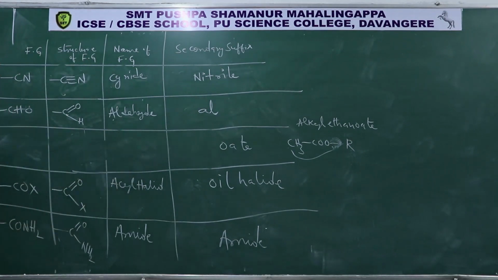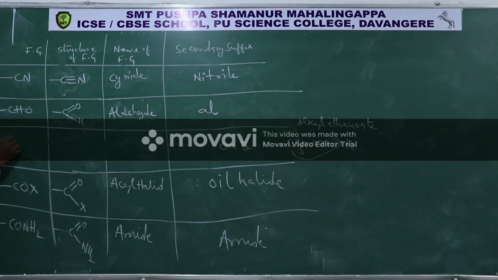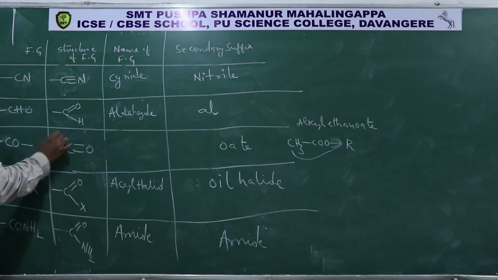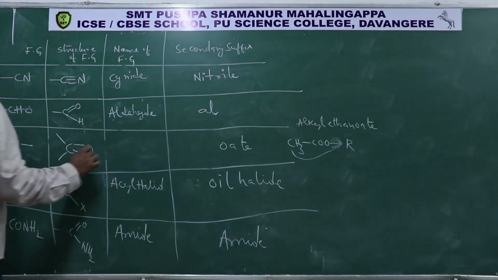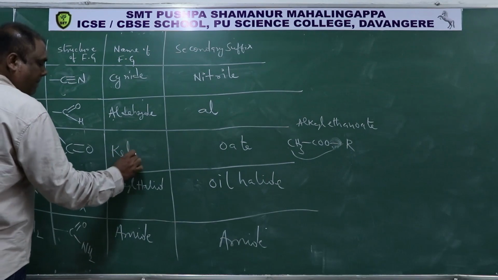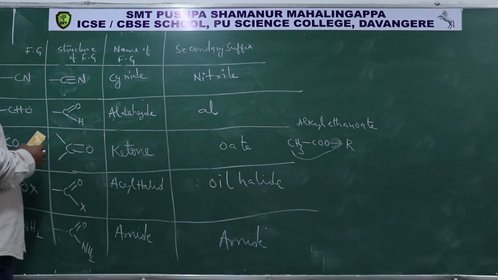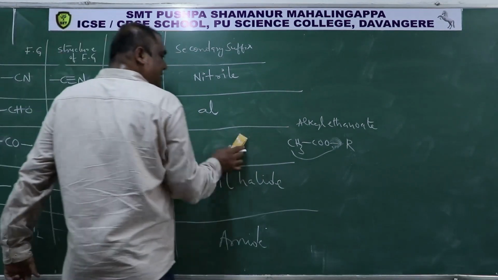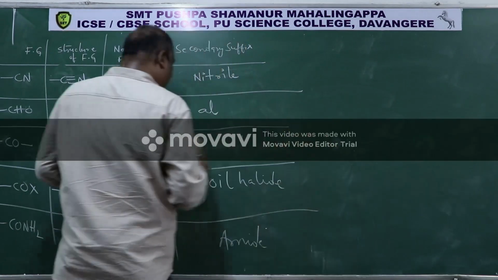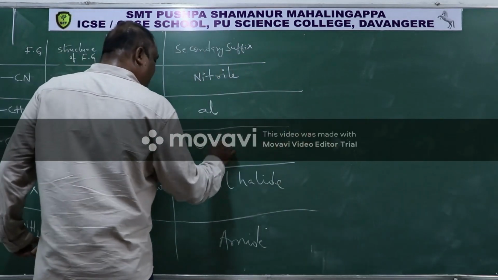Then functional group is C double bond O, the carbonyl between two bonds. Structure is C double bond O with two bonds. Name of the functional group is ketone. Then secondary suffix is one.